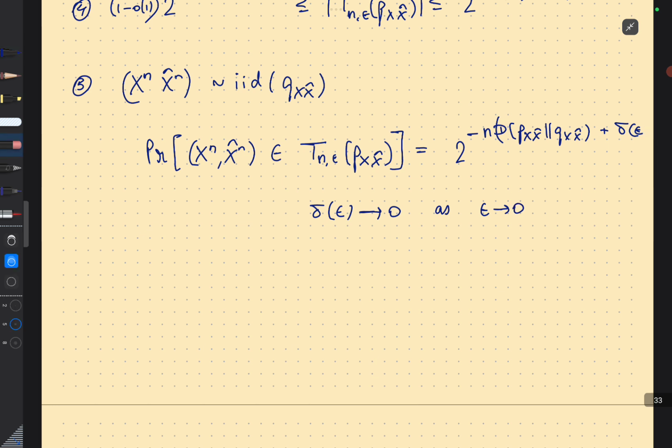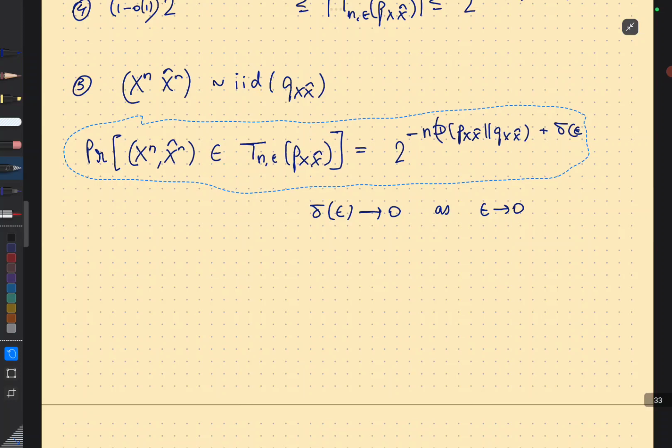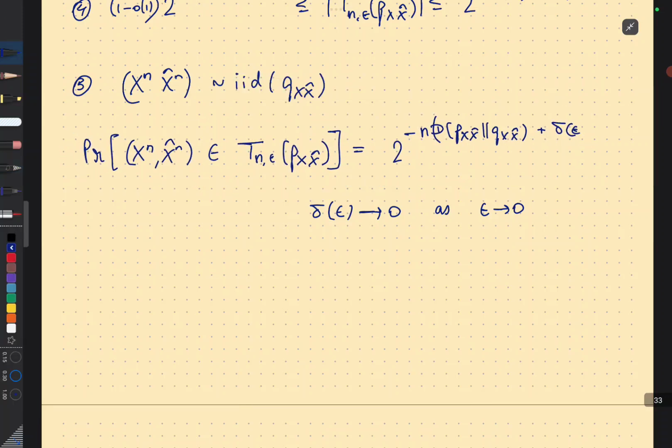It should be a plus little o of 1. We won't particularly worry about what this function is.